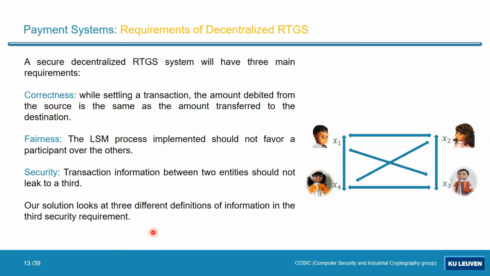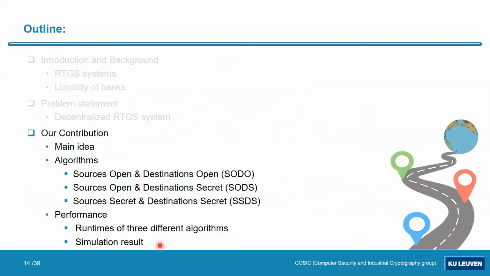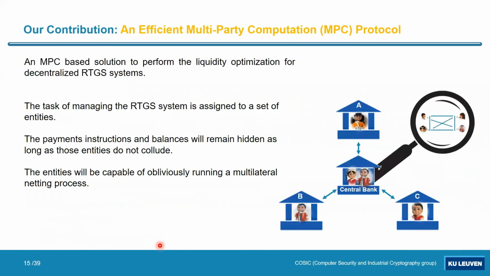And here it's worth mentioning that our work looks at this third requirement, security, with three different definitions of information. Okay, let's move to our contribution. We propose an MPC-based solution to optimize the liquidity problem in a decentralized RTGS system.